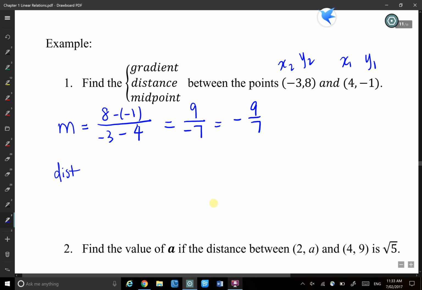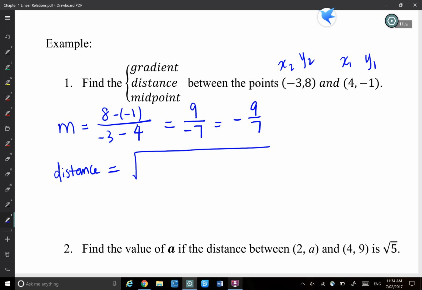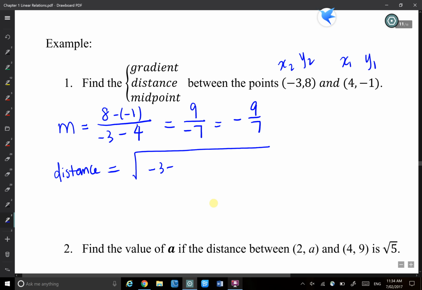The next one, I'm looking for the distance. For the distance, I will be taking a square root. Square root of what? x2 minus x1, so negative 3 minus 4, squared, plus y2 minus y1, squared.